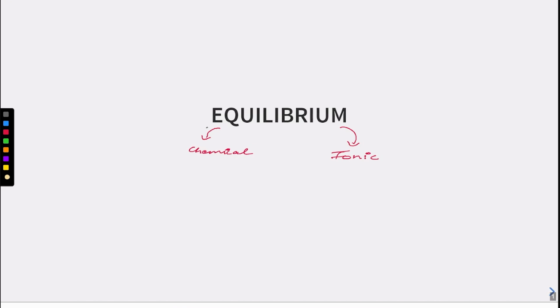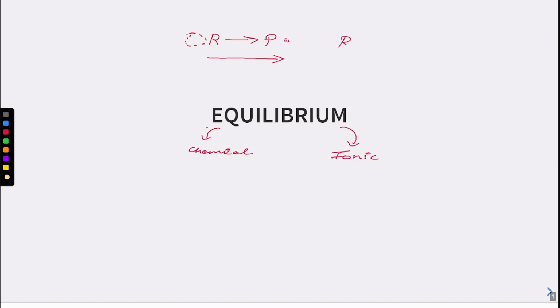So just before we start the questions, a very brief note on what equilibrium is. When we have some reactants and we try to make some products, initially the reactants are a lot compared to the products. So our entire reaction goes in the forward direction because we try to generate more and more of those products.